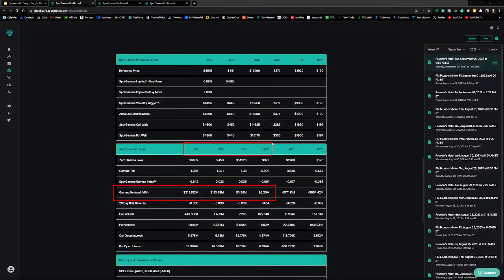So again, in a positive gamma environment, this means that traders are short calls, market makers are long calls, and they have to sell futures as price increases to hedge their delta exposure, and then as price drops, they buy back their short futures.